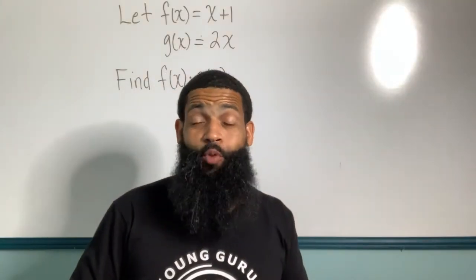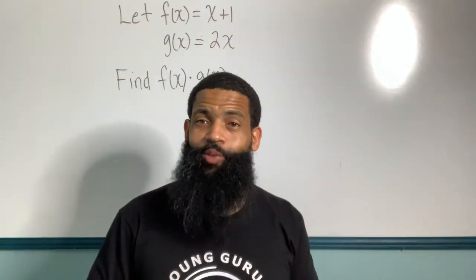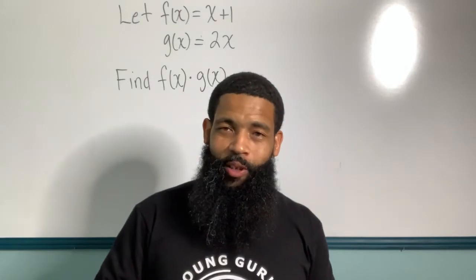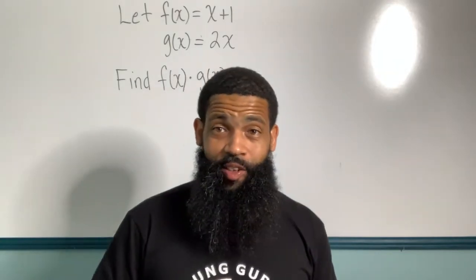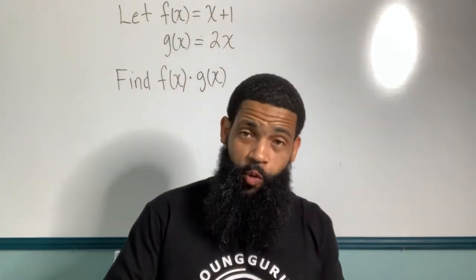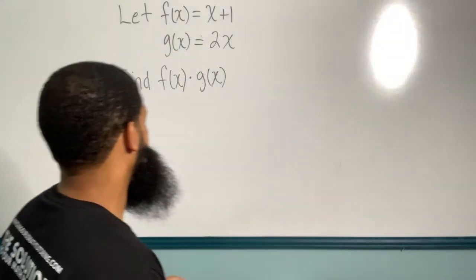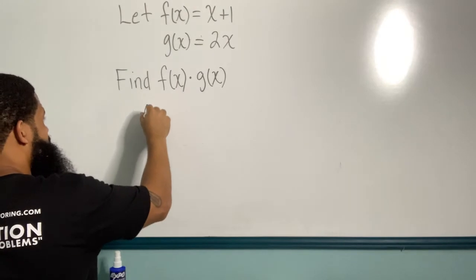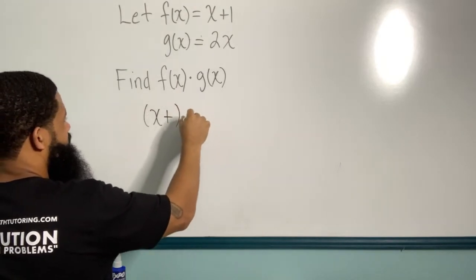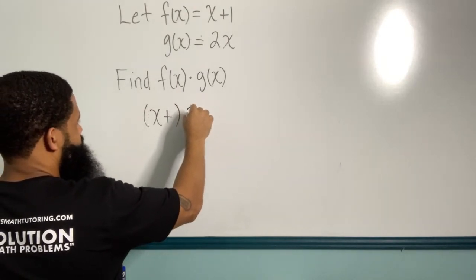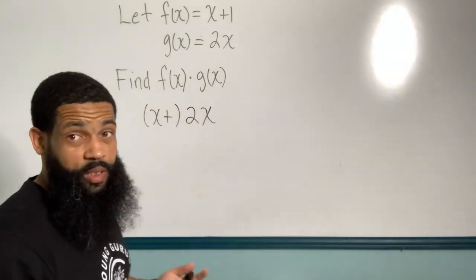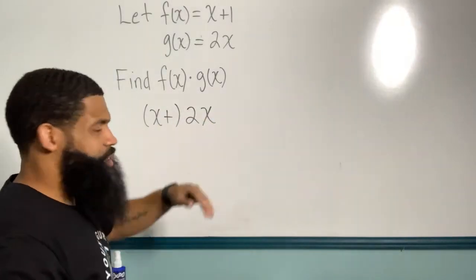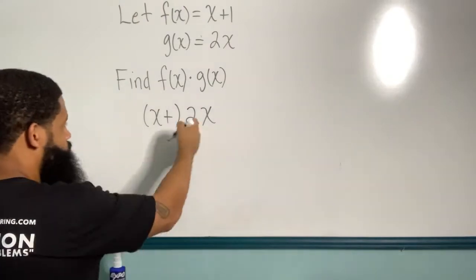Of course, if we're going to do addition and subtraction, we have to show that you can do multiplication and division. So for this one, we're going to do multiplication, f of x times g of x. Same thing. We're just taking f of x, which is x plus 1, and then we're multiplying it. You can put it in parentheses or not; whatever syntax you want to use is fine. Just know that we're multiplying.